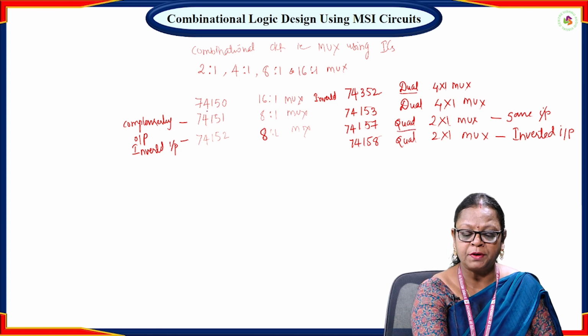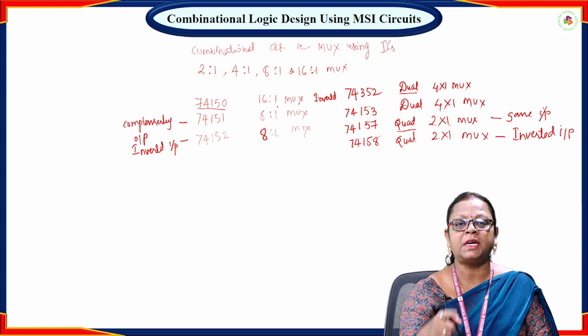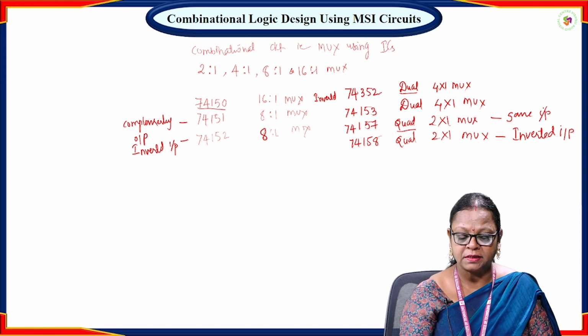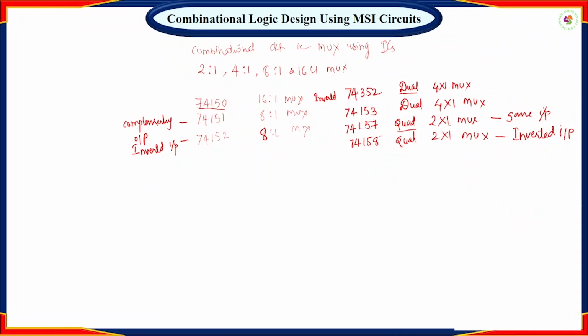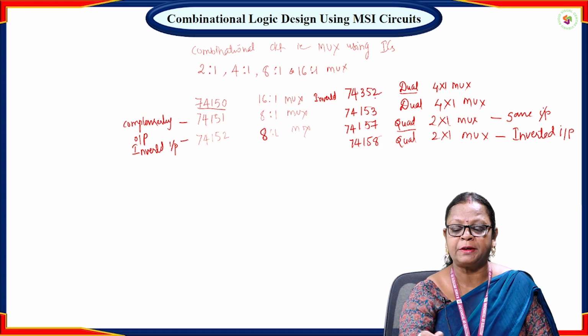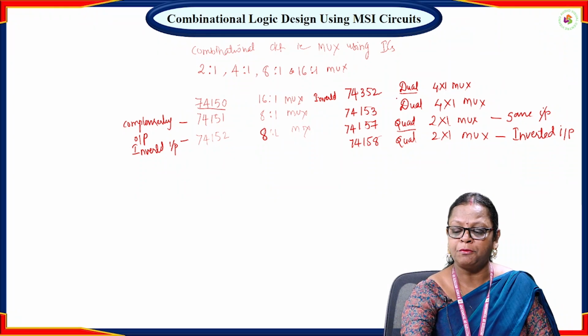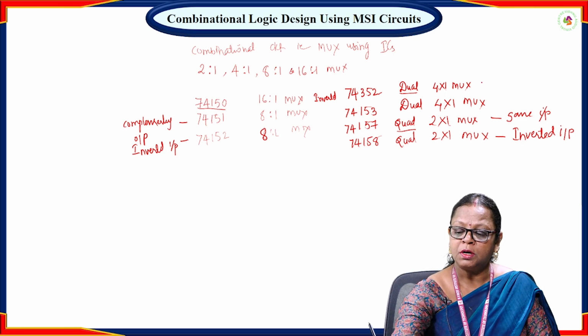The 74150 is a 16:1 MUX which has a single multiplexer in the IC, whereas 74151 is also an IC which has a single 8x1 mux. But if you look at 74352, this is a dual 4x1 mux. In one IC, there are two multiplexers present.